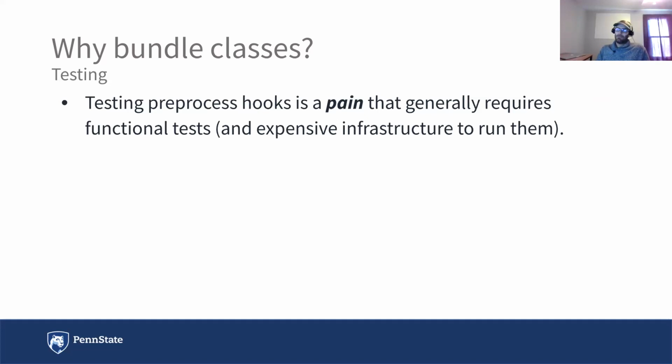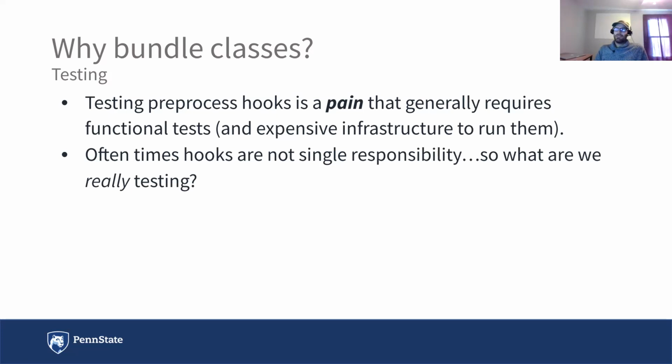Testing in the old world with pre-process hooks is really painful. Generally they require functional tests, maybe functional JavaScript tests in some cases. And for anybody that's set up the CI/CD infrastructure, that's not a cheap thing to do.